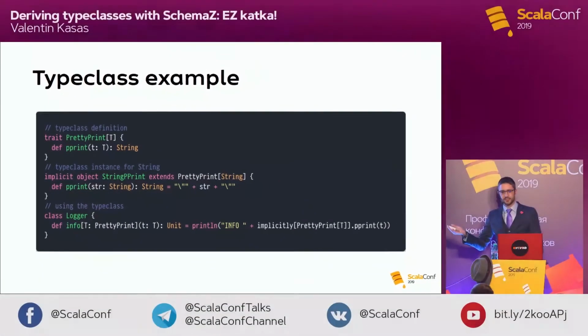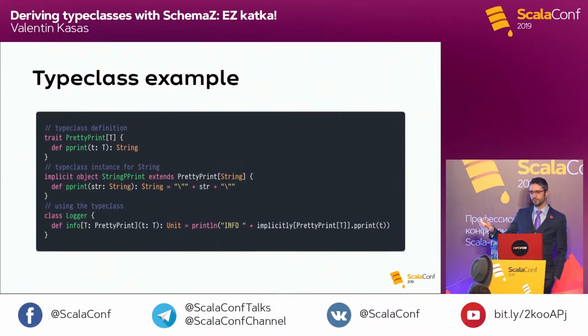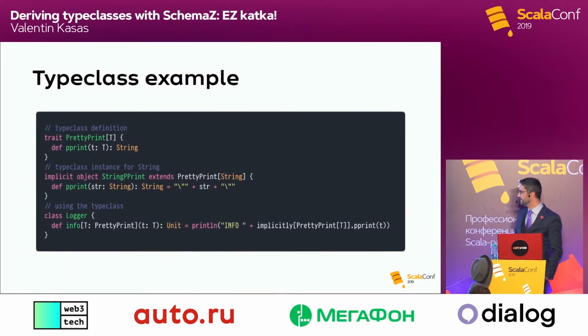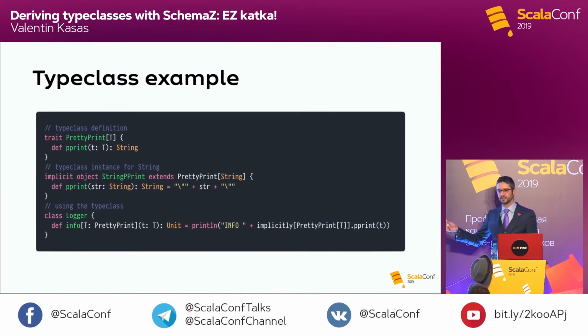Then we provide instances in the implicit scope for this interface. So here it's the string prettyprint object. And finally, we can use this type class by requesting an implicit evidence, an implicit instance of the type class, and use it.